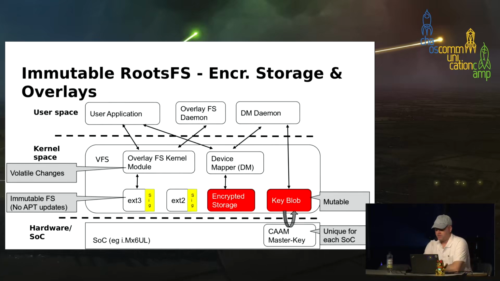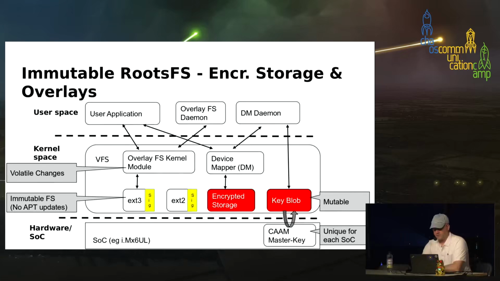Now we need to establish some kind of encrypted or secure storage that we are able to modify and store certain configuration data into. Here we use another feature of the i.MX6 CPU, called the CAAM master key. The kernel itself has an adapter to interact with the CAAM master key and the encryption functionality around it.